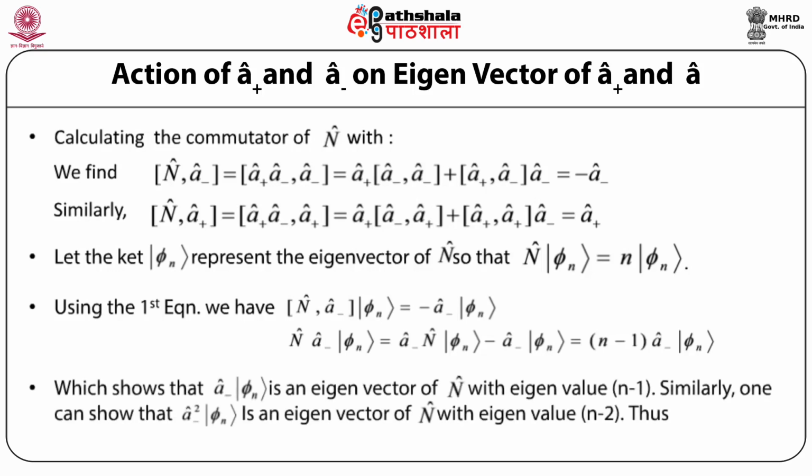This relation shows that the operation of the lowering operator a minus on the eigenvector phi n is actually an eigenvector of the number operator with the eigenvalue corresponding to n minus 1.